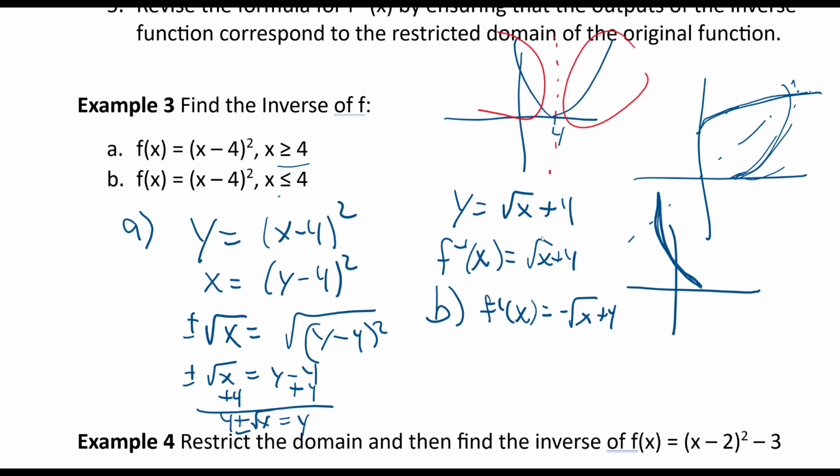So what does the negative do? It reflects it across the x-axis. So it's going to be down like this instead. So that this output is the input for the original, and the input for this is the output for the original. So those are the two graphs.